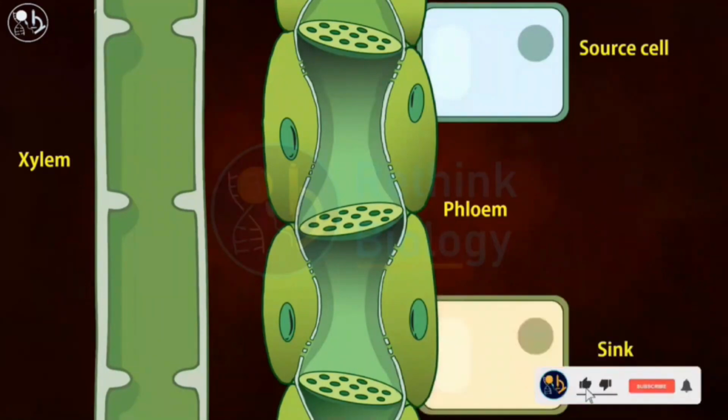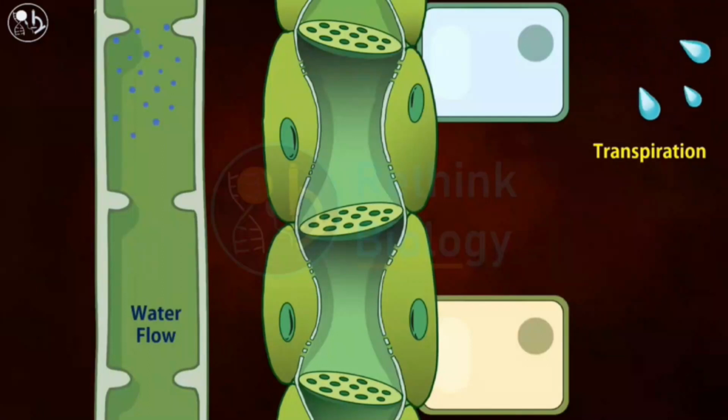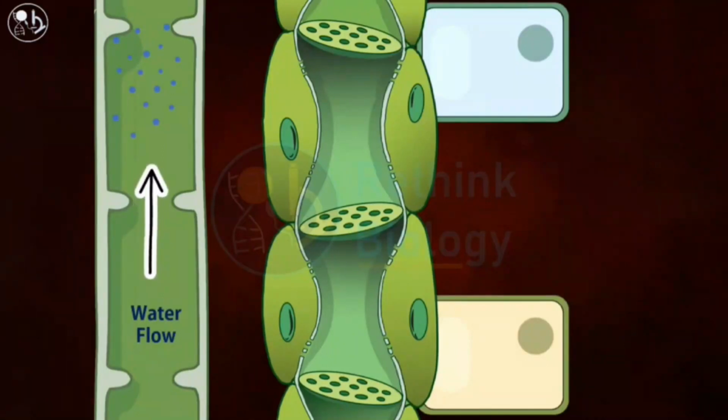The evaporation of water in the leaf from the process of transpiration creates a constant tension at the leaf. This tension results in pulling up of water from the roots via xylem. Next, the source cell loads sucrose into the phloem sieve tube, which results in reduction of water potential in the sieve tube.